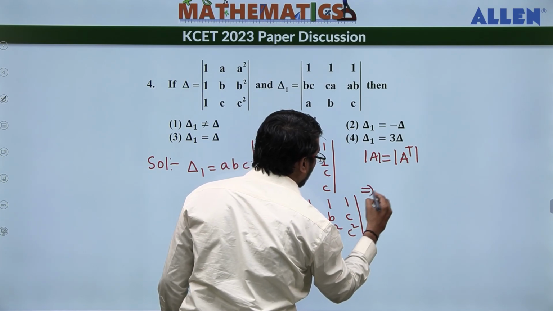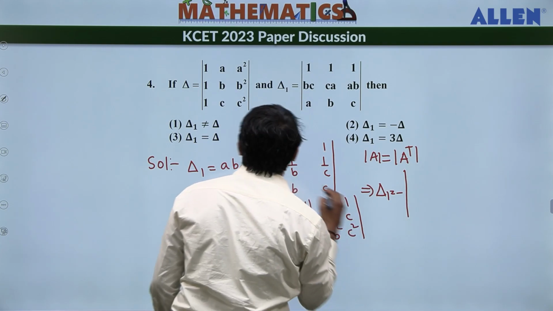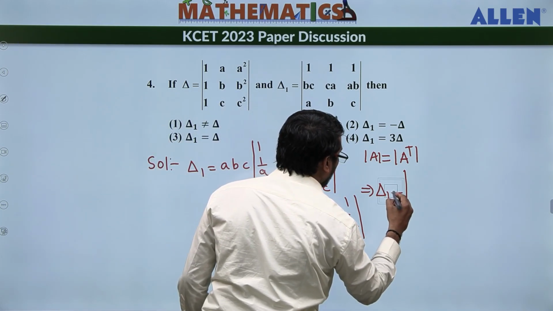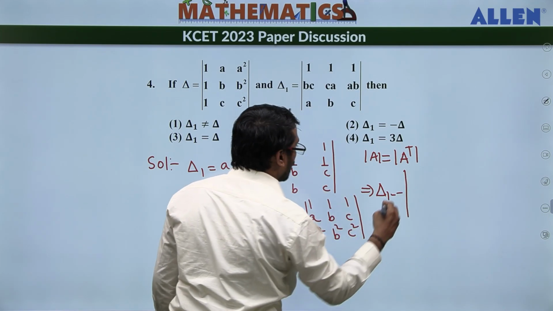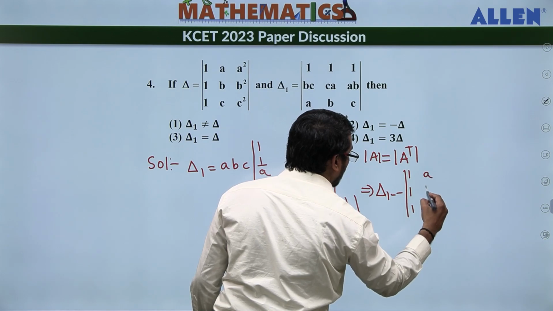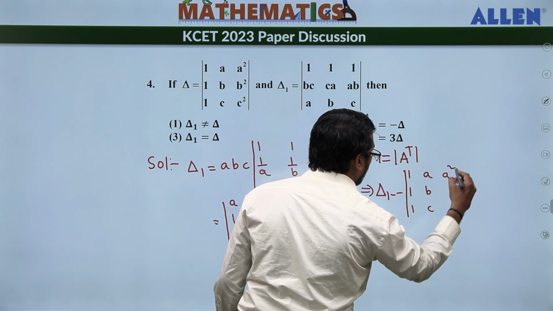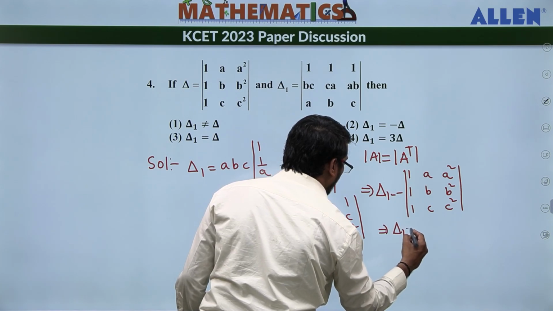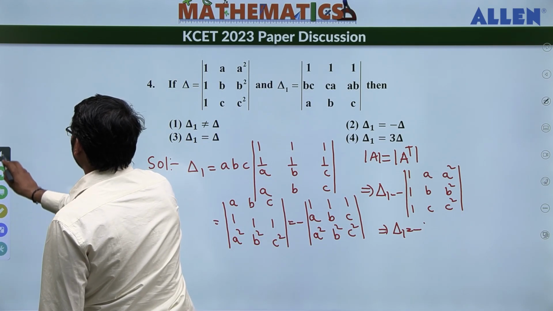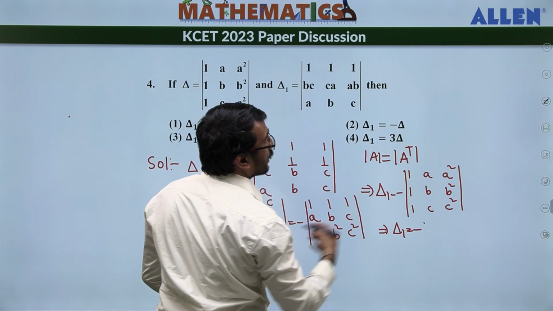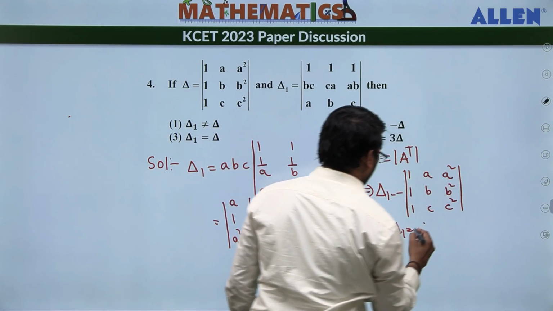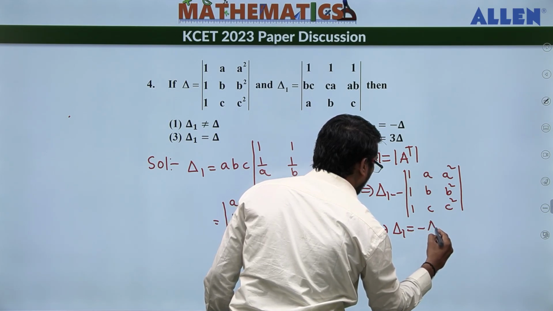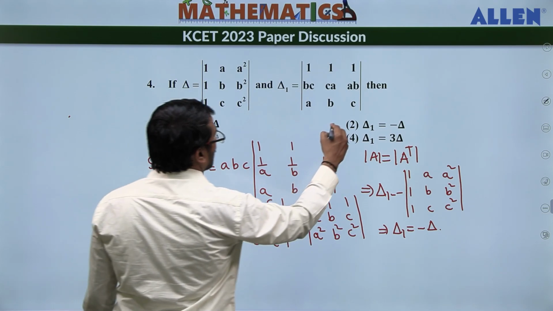ABC, A square B square C square. So delta 1 is equal to minus delta. So this is the correct option.